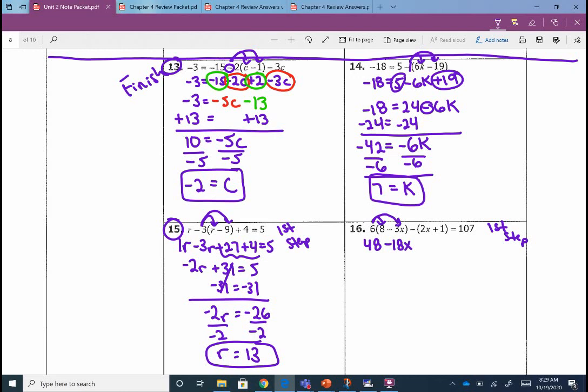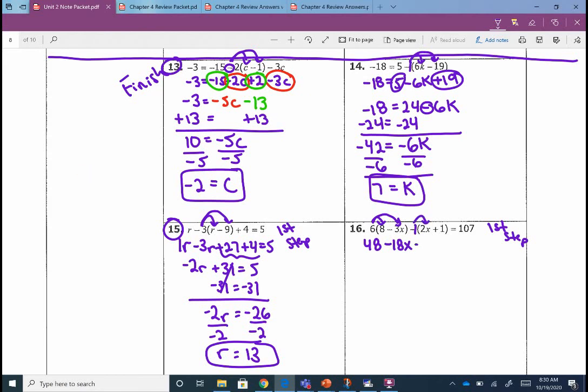Now what makes this one a little more tricky is there's another set of parentheses, and it looks a lot like number 14. There's just a minus sign there. So if I need to, I can write that 1 in there. There's really a negative 1 there that I have to distribute.